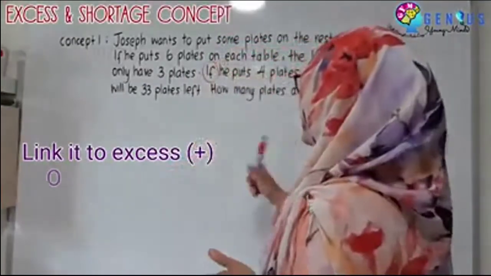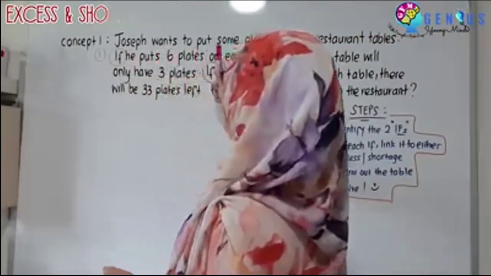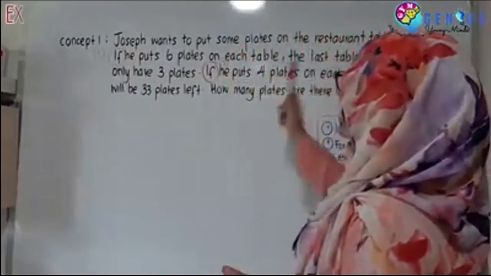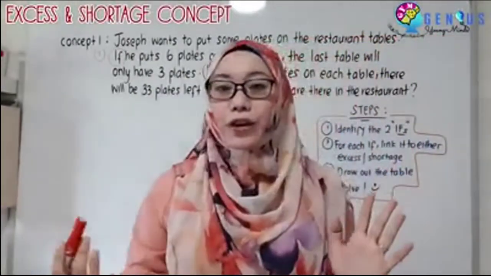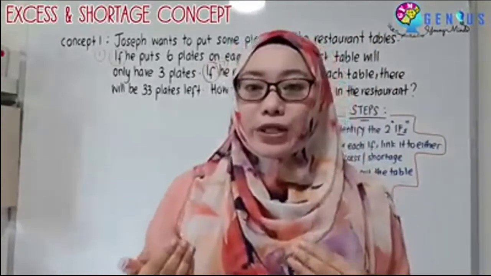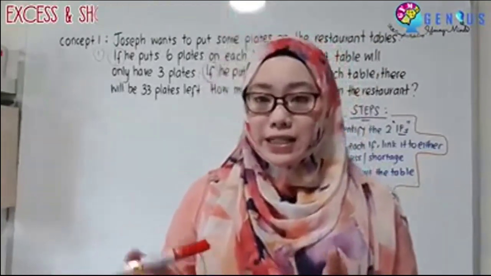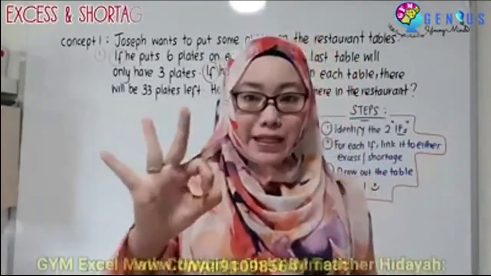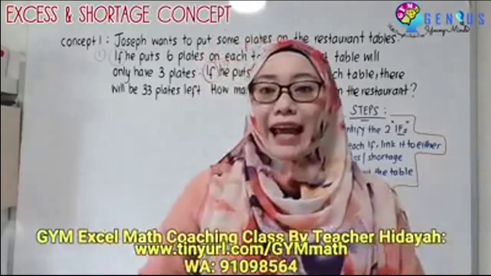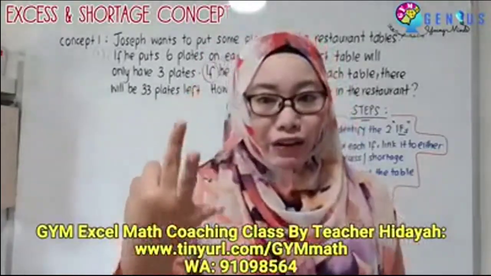For the first if, he puts 6 plates on each table, the last table will only have 3 plates. Now you have to figure out, I want to put 6 plates on each table, but for this scenario, the last table will only have 3 plates, which means that particular table is short of 3 plates.